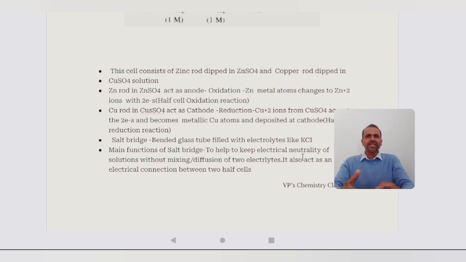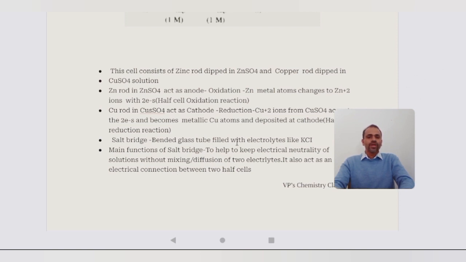That means at some stage, as we conduct the reaction for a longer time, there will be a shortage of ions in both electrolytes. At that stage, the salt bridge is able to provide cations and anions, and that way keeps the electrical neutrality of the electrolytes. The other point is that it also acts as an electrical connection between the two half cells.